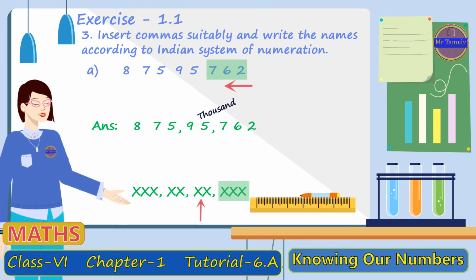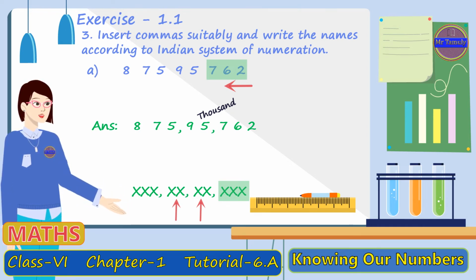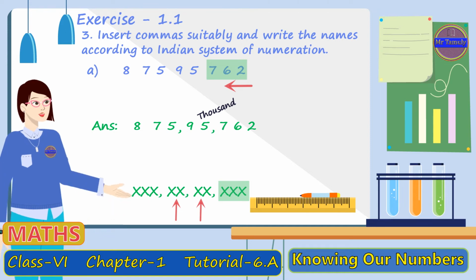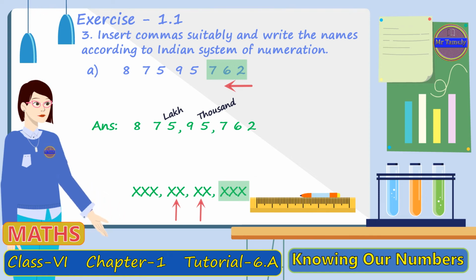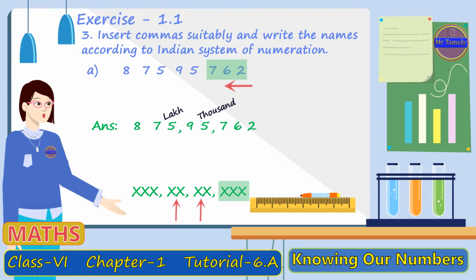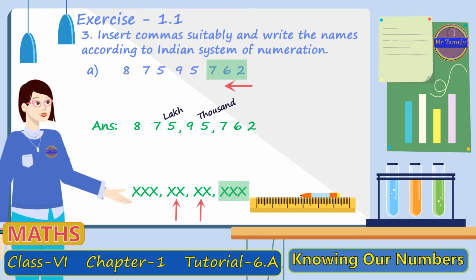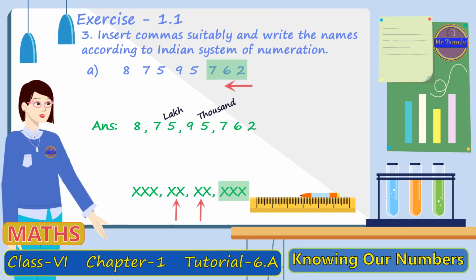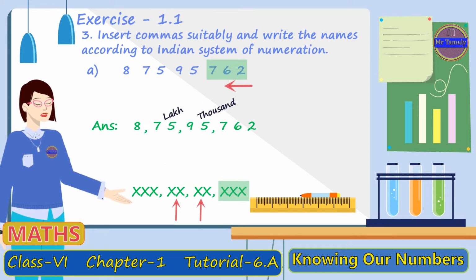Now the third comma is to be placed after the next two digits, that is the sixth and seventh digits from the right. Together, these two digits have the name lakh in the Indian format. In our number, the sixth and the seventh digits are 5 and 7. So we need to place a comma after 7. These two digits together, we shall call them lakh.